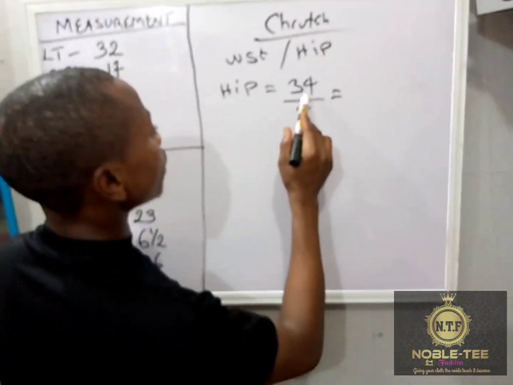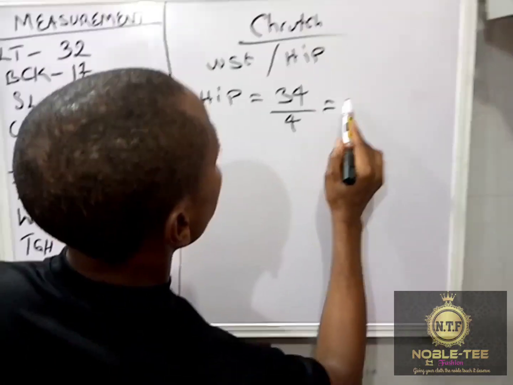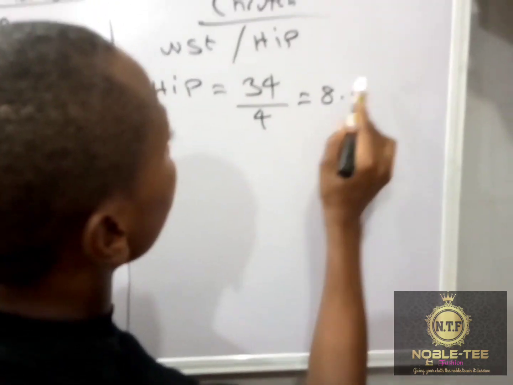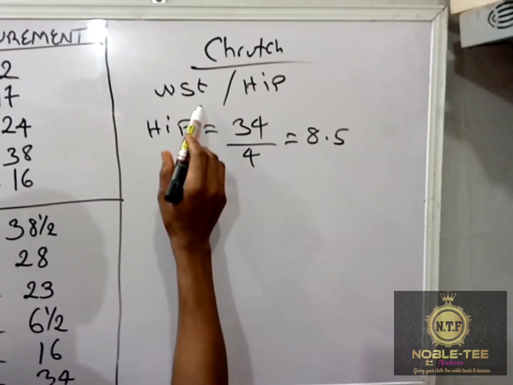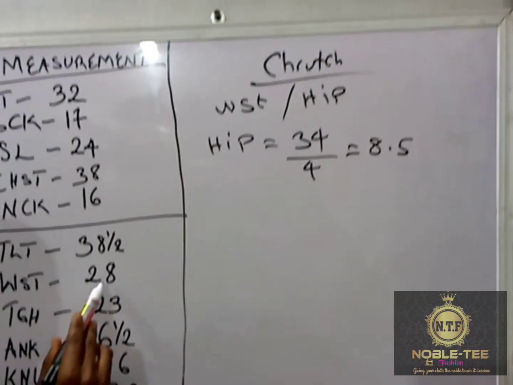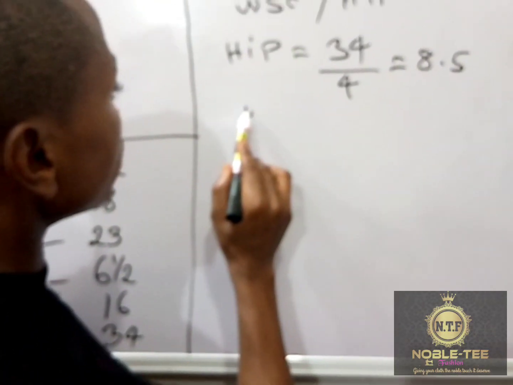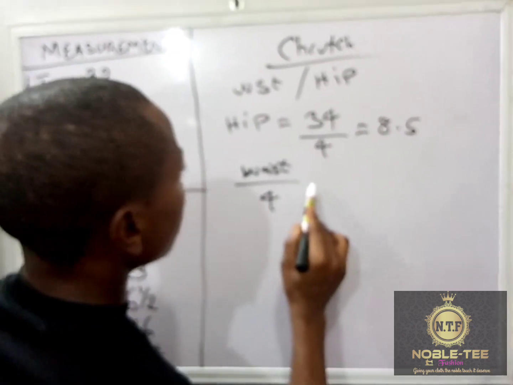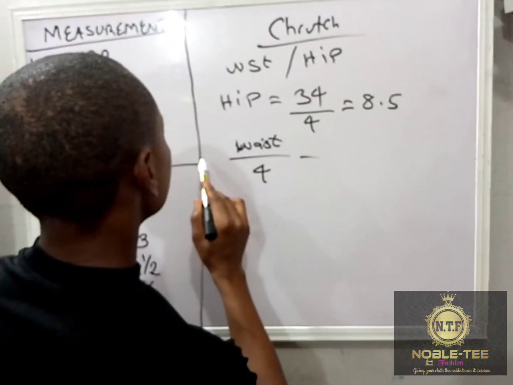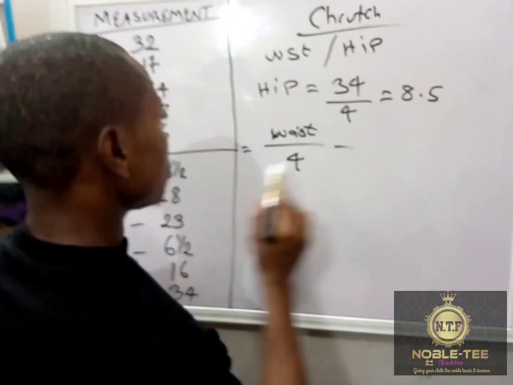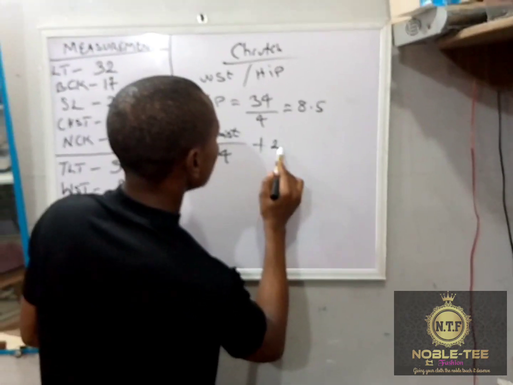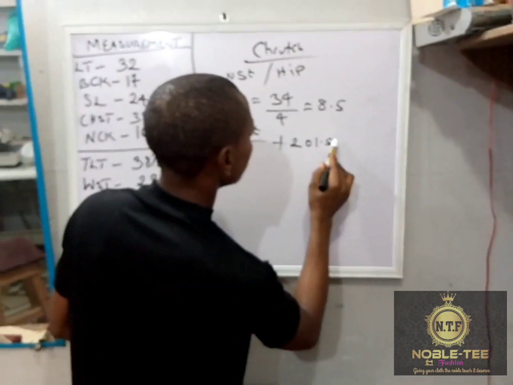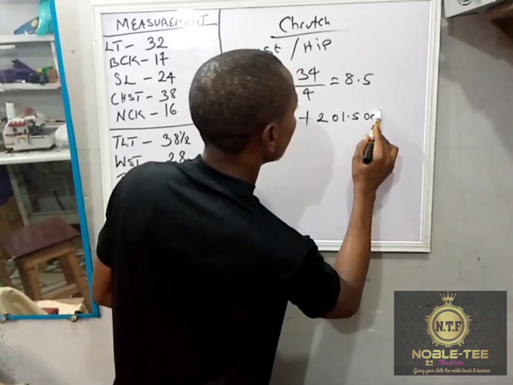So this 34 divided by 4 will give me 8.5. Right? But if I'm using a waist, which is a 28, waist divided by 4 plus 2 or 1.5 or 1.